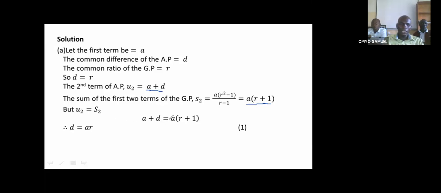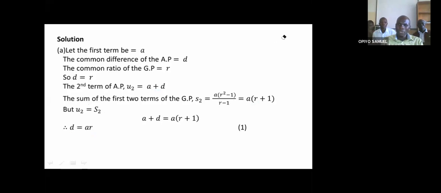When we do that and simplify, we see that the common difference is equal to ar. So that is the common difference in terms of the first term, but recall that d is also equal to r. Still, we shall need this to help us solve for the unknowns d and r, so we maintain it as it is. So that is the first part. We call this equation 1.